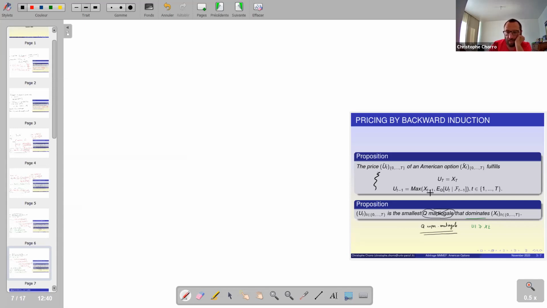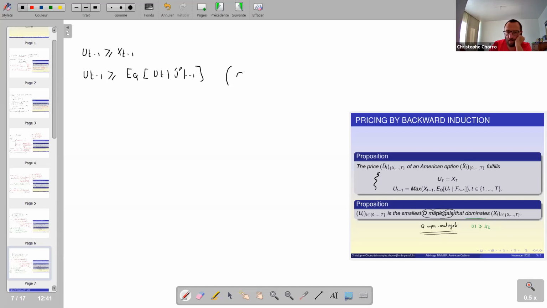So take what you have here: ut minus 1 is equal to the maximum between these two quantities. So you have at the same time ut minus 1 greater than xt minus 1, because it is greater than the max, and ut minus 1 greater than the expectation under Q of ut given ft minus 1.